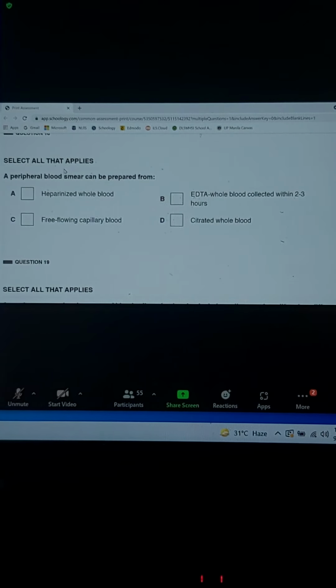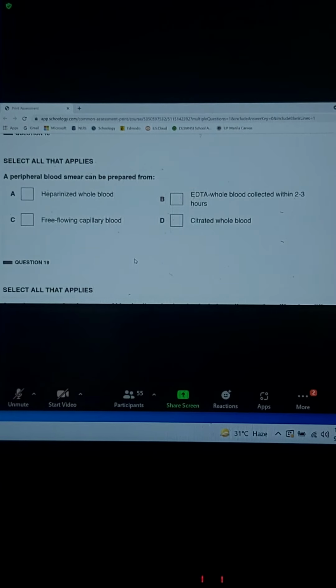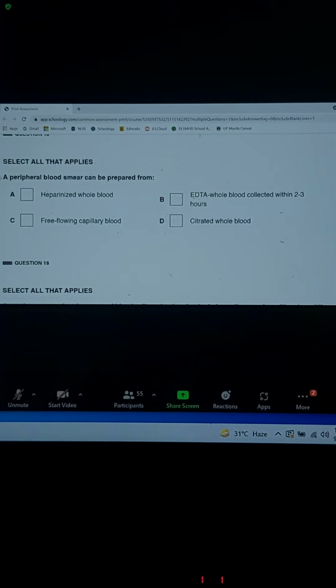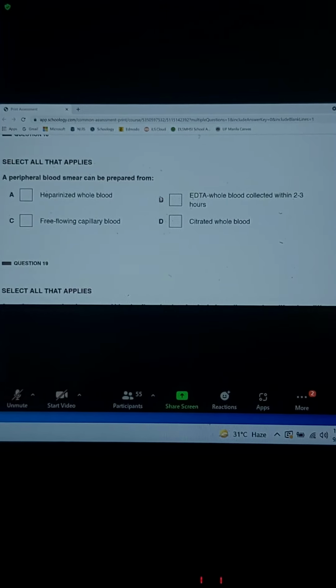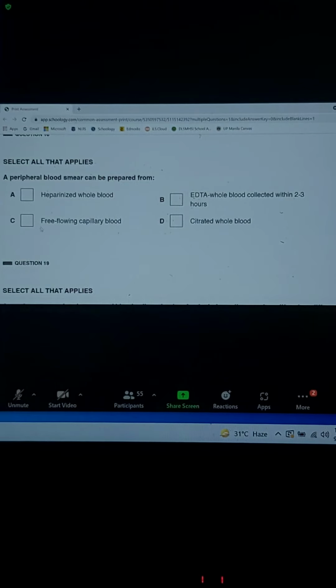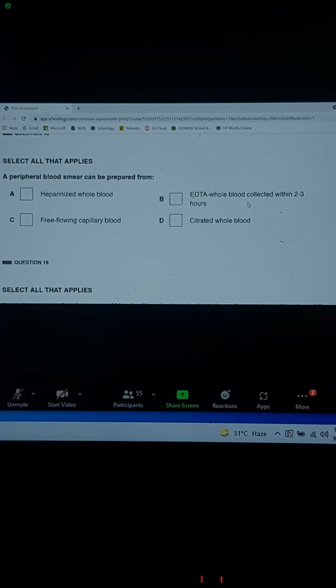Okay. Select all that applies. A peripheral blood smear can be prepared from, so ano yung mga letters na tama? B and C. Okay, so the correct answers are letter B and letter C. Pwedeng i-EDTA whole blood as long as it is collected within 2 to 3 hours.